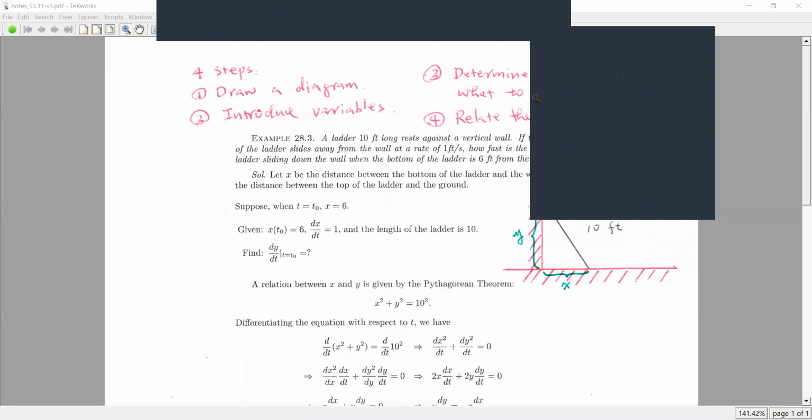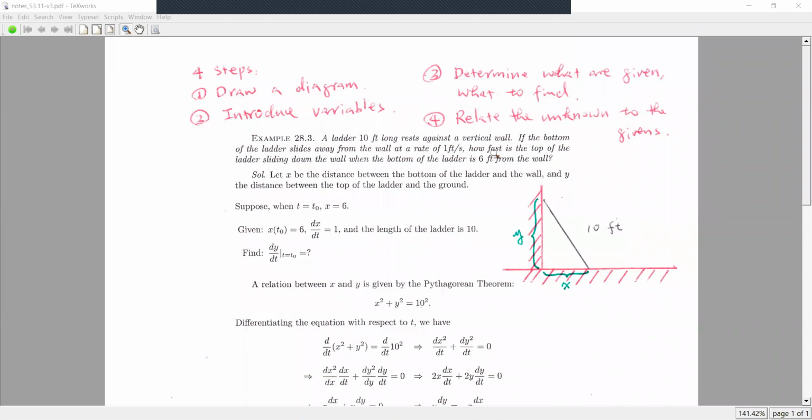About what to find, we need to determine the rate at which the top of the ladder is sliding down the wall at the instant t0 when the bottom of the ladder is 6 feet from the wall. That is, we need to compute the derivative of y with respect to the time t.